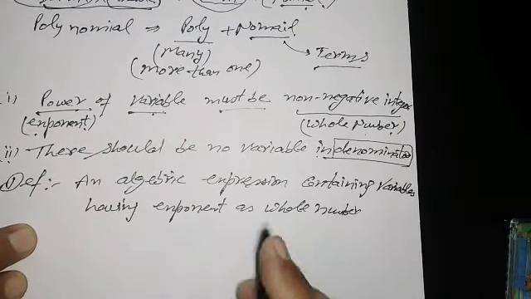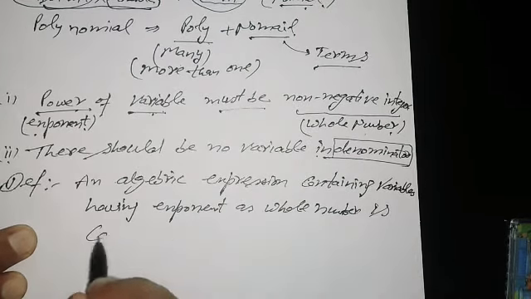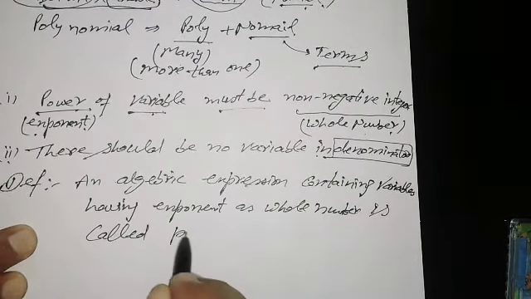An algebraic expression having exponent as a whole number is called a polynomial.